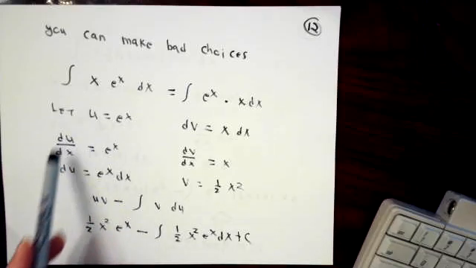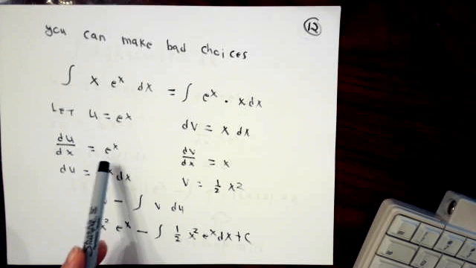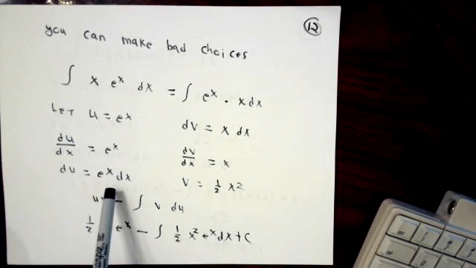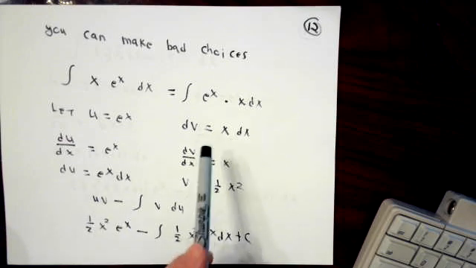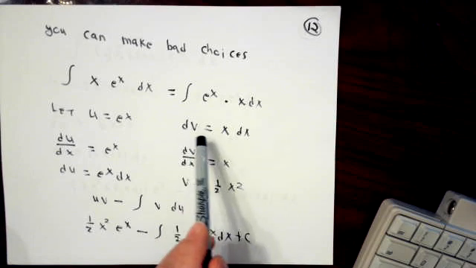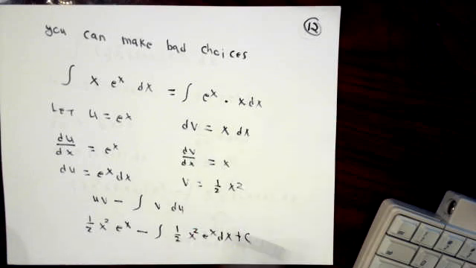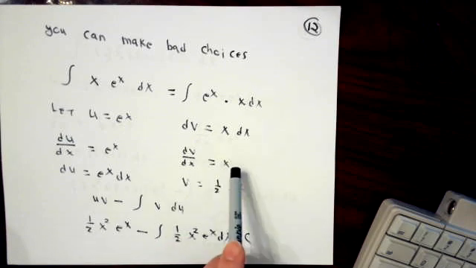The derivative of u with respect to x is e to the x. du is e to the x dx. Well, it didn't get any worse, at least. dv is x times dx. dv/dx is x.